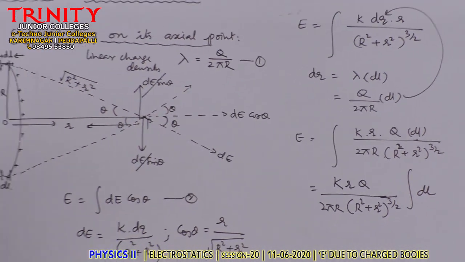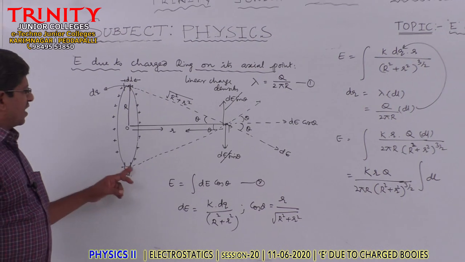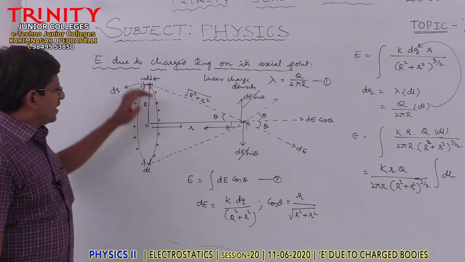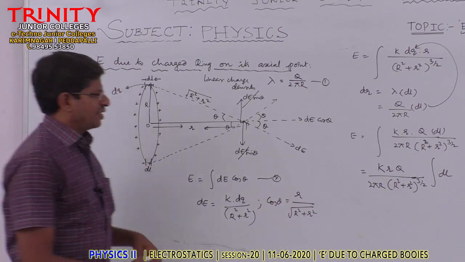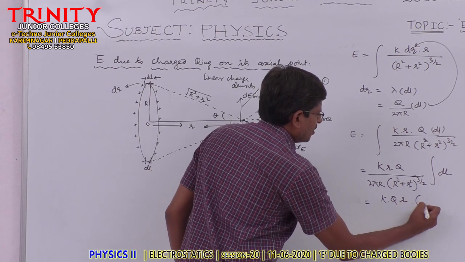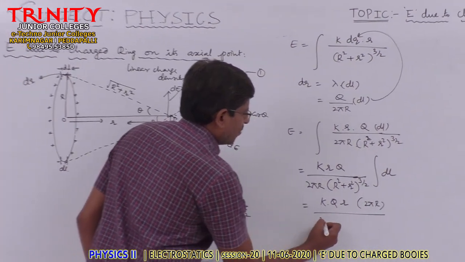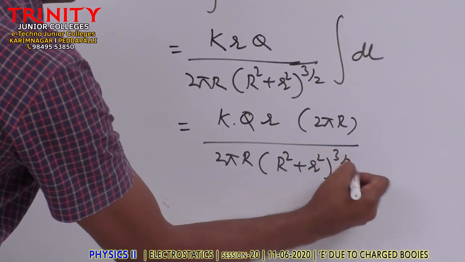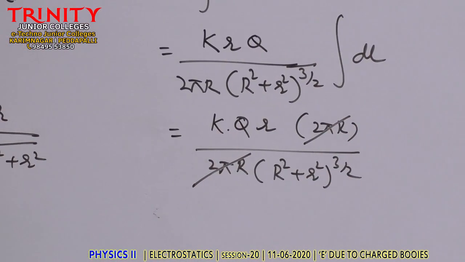So when you integrate dl, what is the integration of dl? You have to add all the elements here. Integration of dl means circumference. You will end up with k q r into 2 pi r by 2 pi r into r square plus r square to the power of 3 by 2. This you can cancel straight away.